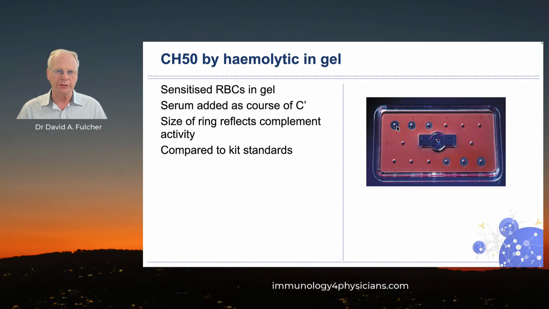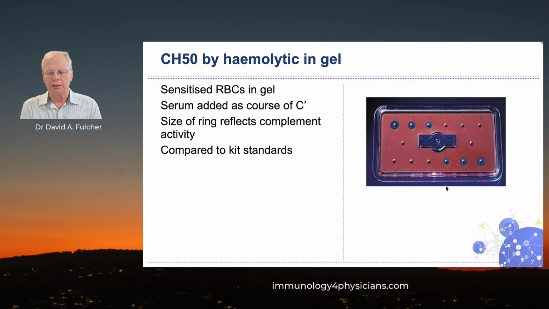Where there's complement, there will be lysis, and so it goes up, using up all the complement until it gets as far as it can go, and the distance or the area that has been lysed reflects the amount of haemolytic complement in that specimen.